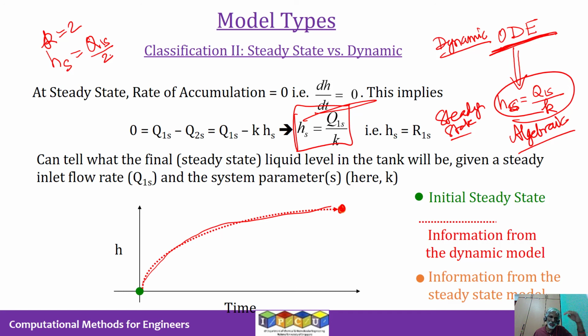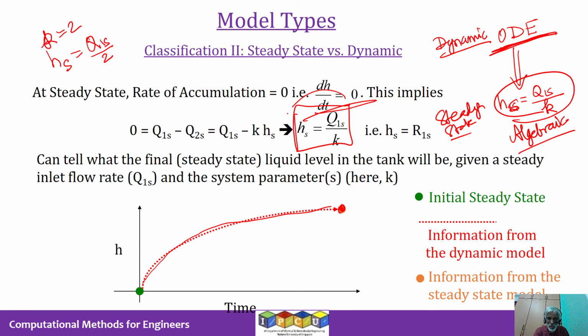If the inlet flow is steady at 7, q1s is equal to 7, then the height of liquid in the tank at steady state will be 3.5, that is 7 by 2. So it will only tell you what is the steady state height when the inflow rate is steady at a certain value.